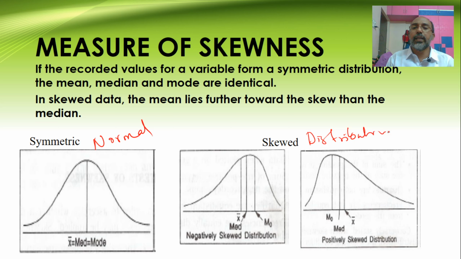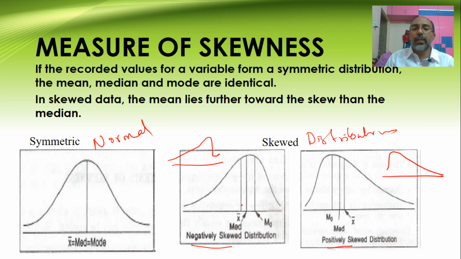If the data is not normal, it has to be bent to some side. If it is on the left side, we call it negatively skewed. If it is on the right side, we call it positively skewed. So the posture is in this way, whereas here the posture is in this way.